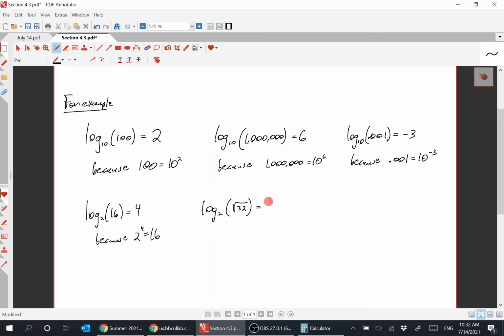So this is 5/2, because the square root of 32 is the square root of 2 to the 5th, which is 2 to the 5th, and then the square root is a 1/2 power. Right, so it's 2 to the 5/2.